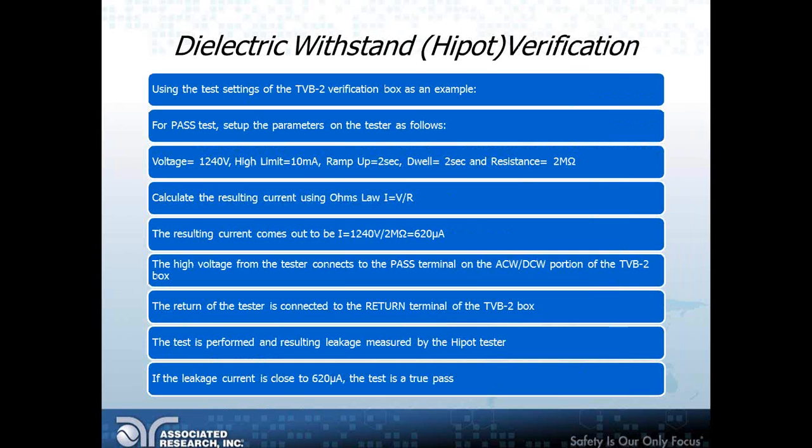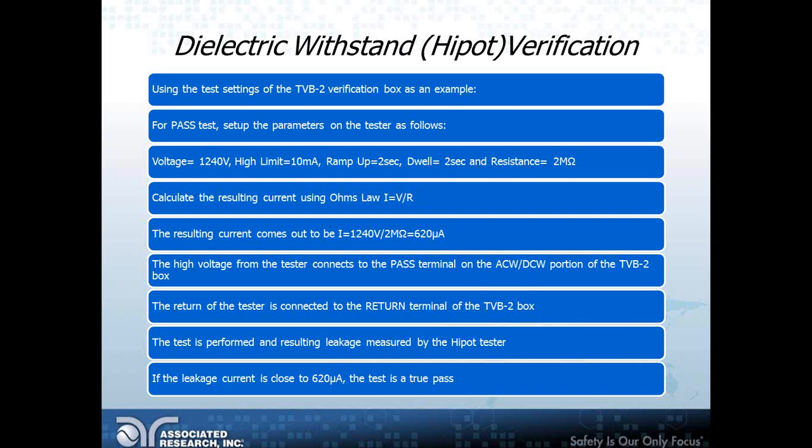Okay, so now that we've gone over what the dielectric withstand test is, what it tests, and how it is run, we're quickly going to go over how we can run a verification test to verify that our Hipot tester is working correctly and measuring leakage and breakdowns correctly.